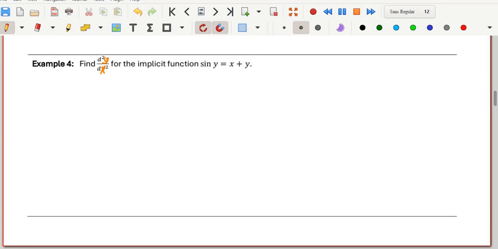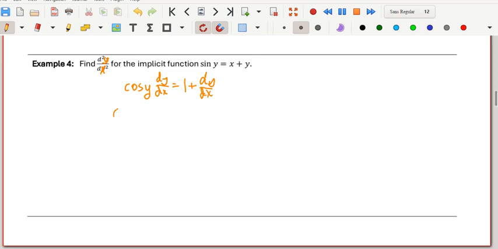Okay. So this one's just asking us to find the second derivative. I'm surprised I don't have it then asking for relative minimums and maximums. So let's do this one. At least the first part of it should be quick. The derivative of sine y is cosine y, but since it's y, times dy dx, and then that equals 1 plus dy dx.